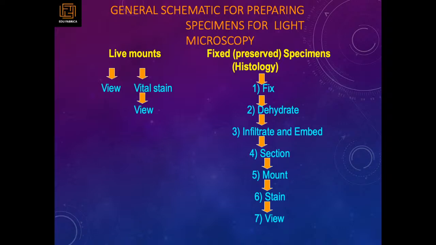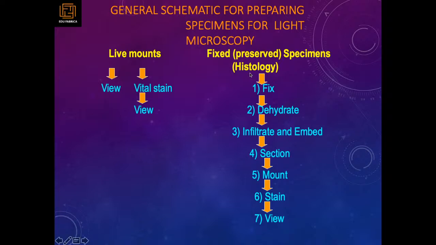So these are the general schematics for the preparation of specimens for light microscopy. On the left are the live mounts, the ones which are alive, and on the right are the ones which are preserved, which are fixed. They are not alive anymore. For the live mounts, we do vital stains, and with those we check our samples.